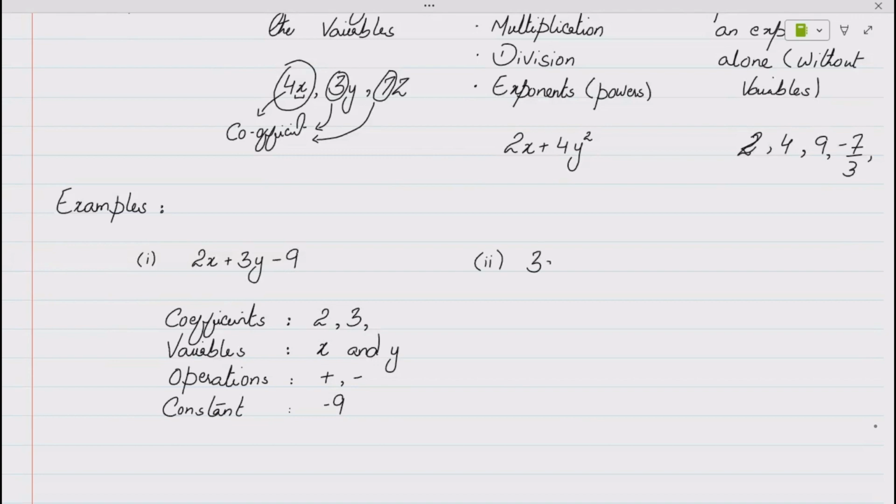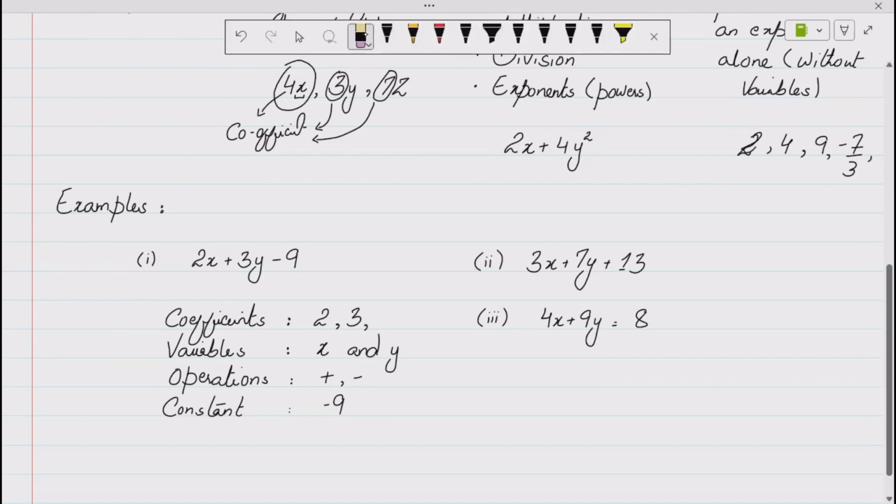Likewise, 3x plus 7y plus 13. Another example is 4x plus 9y minus 8. Not is equal to; this is an algebraic expression, not an equation. So I wrote it incorrectly, just write minus 8 or plus 8.